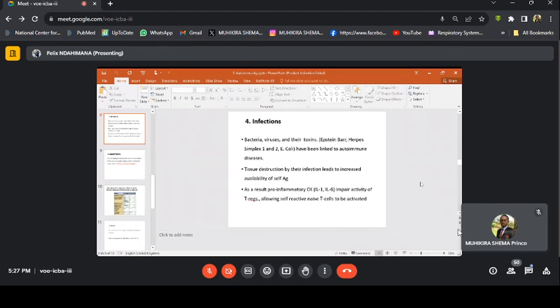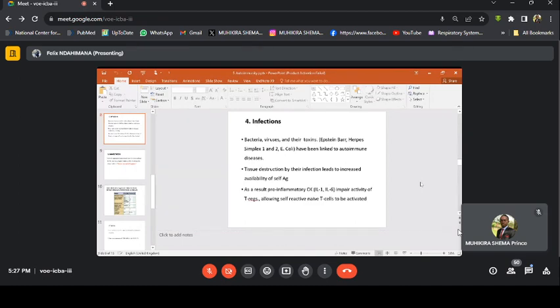Alternatively, since this process also results in the production of pro-inflammatory cytokines or chemokines like interleukin 1 and 6, which are known to impair the activity of T regulatory cells, this will have an impact.